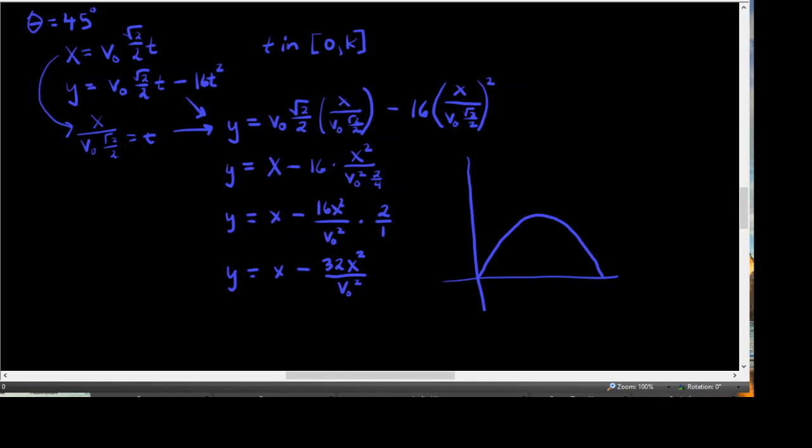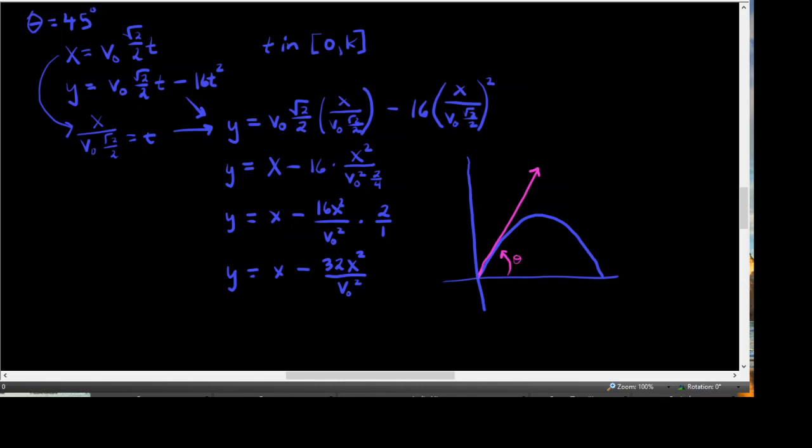And the initial velocity was at 45 degrees. So at the outset, the velocity is at a 45-degree angle. So that theta is 45 degrees.